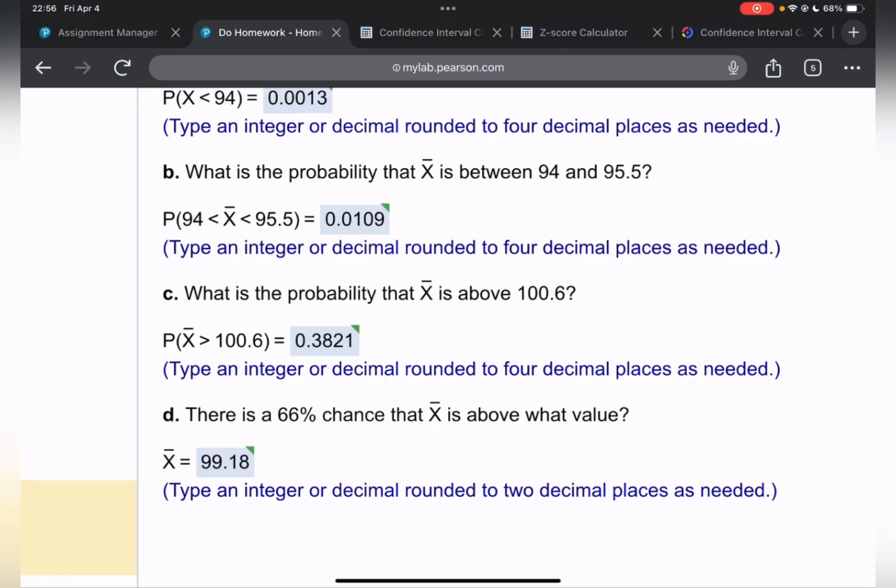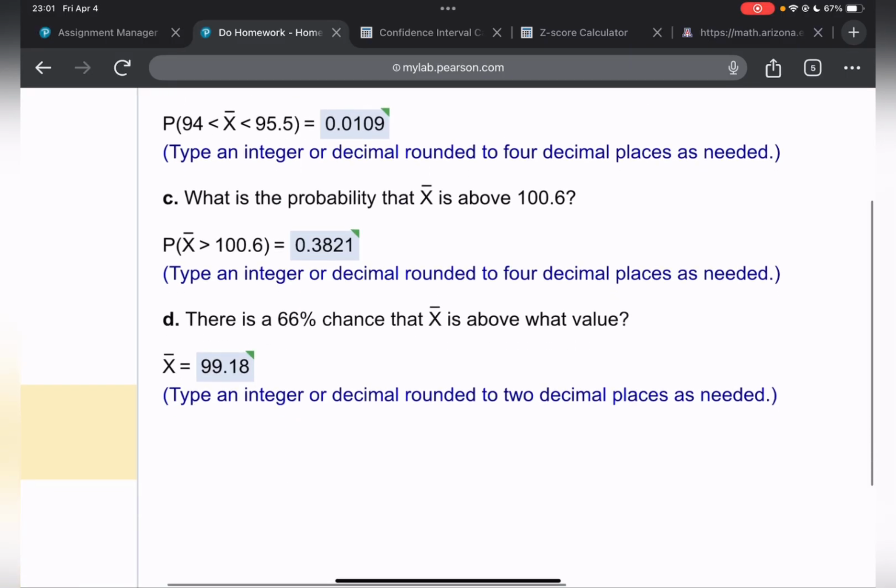There is a 66% chance that x bar is above what value? Okay. So how are we gonna solve it? So it says there is 66% chance that x bar is above what value. So if there's a 66% chance, that means the other 34% is not a chance, right?